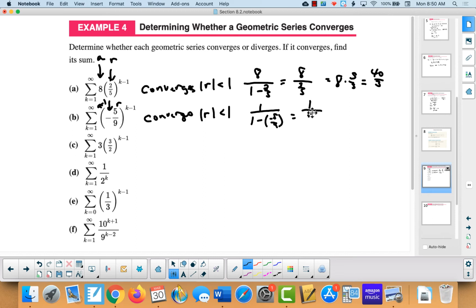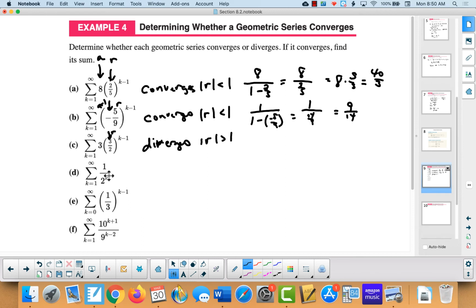So that's 14/9. 1 over 14/9, so we get 9 over 14 for that sum. Here, r is greater than 1, so the series diverges.